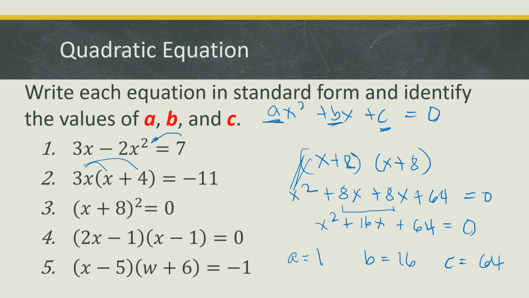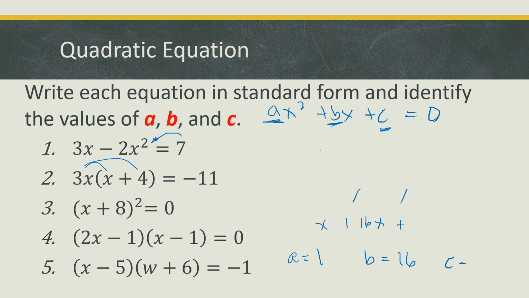Let us check number 4. In number 4, we have binomials and we need to use the FOIL method for us to identify the values of A, B, and C. We have (2x − 1)(x − 1) = 0.